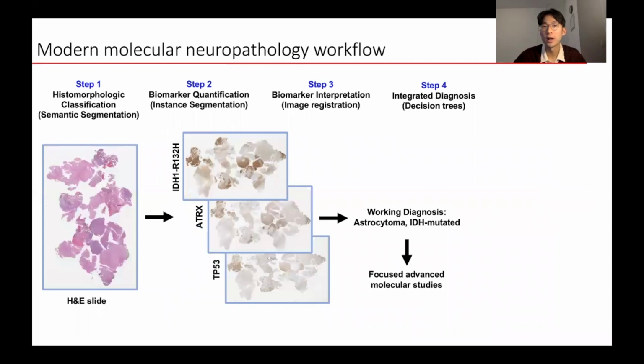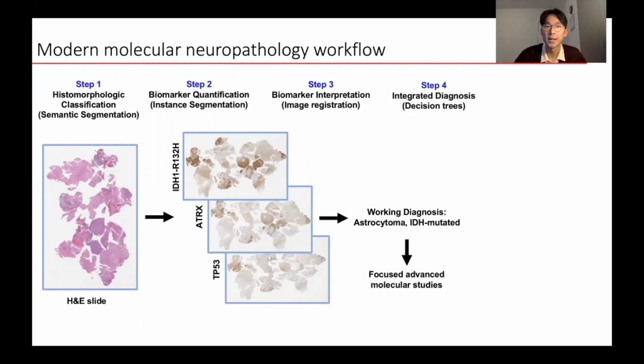And so just to summarize everything again, in my current master's project, I was able to come up with 4 major steps that mimic the modern neuropathology workflow, from histomorphologic classification to biomarker quantification, biomarker interpretation, and integrated diagnosis.